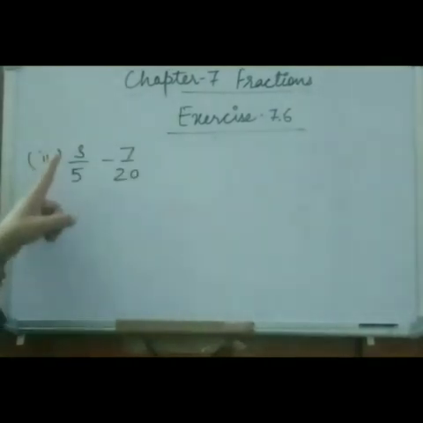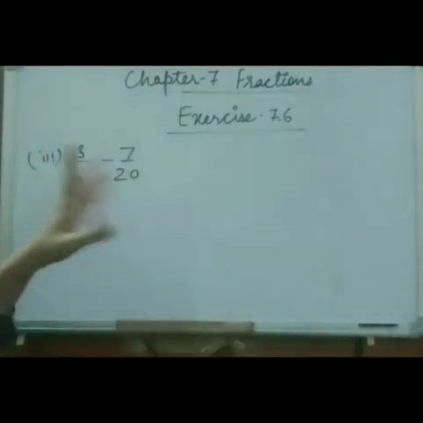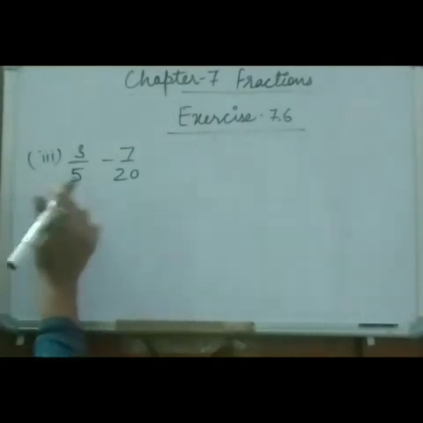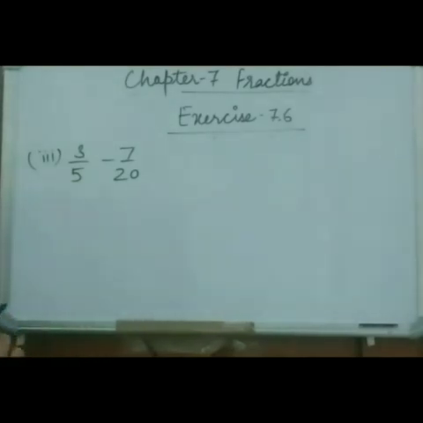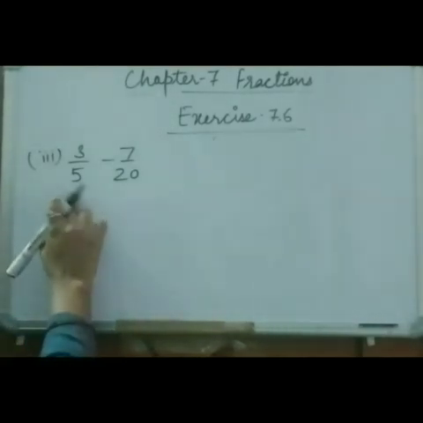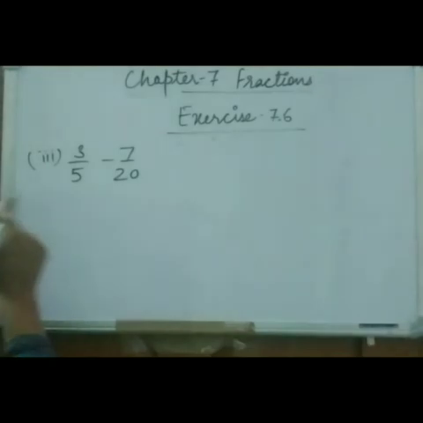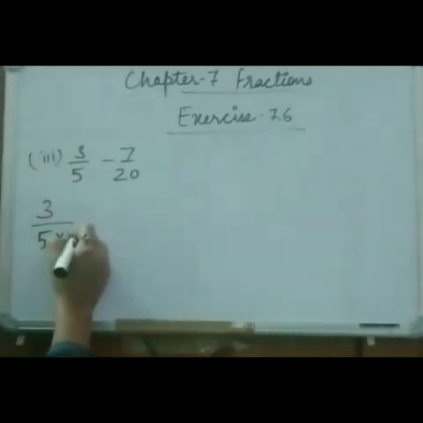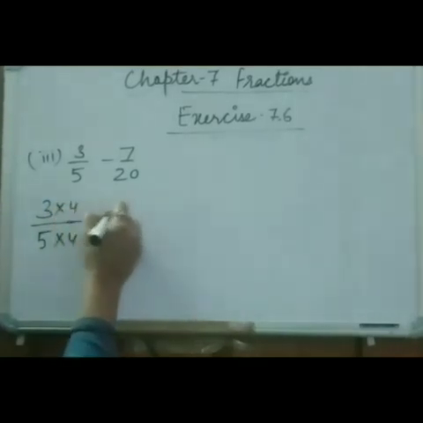It is 3 upon 5 minus 7 upon 20. Now again we will make the denominator the same. So here we can make this 5 into 20. And same here we can do that 3 upon 5. 5 4s are 20 and 4 3s are 12.